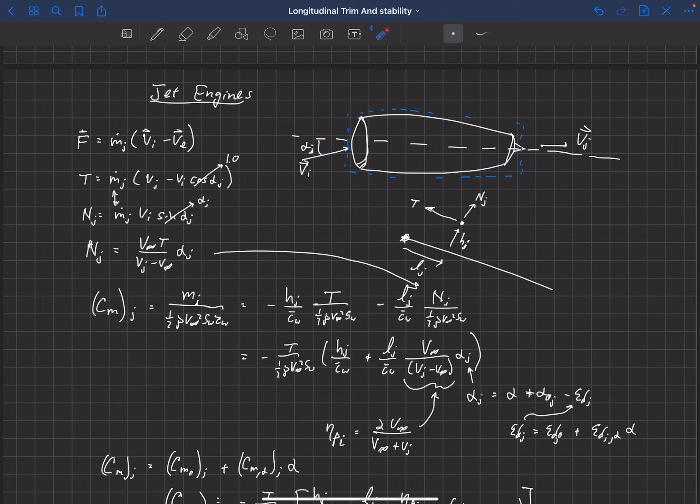They're much more difficult to capture in the early stages of a design. And so those are usually captured later when you're running full CFD or wind tunnel testing or flight testing and things like that, where you can capture those types of effects. But at this stage of the design, what we can incorporate are the forces and moments due to the thrust and the normal force that come from a jet engine.